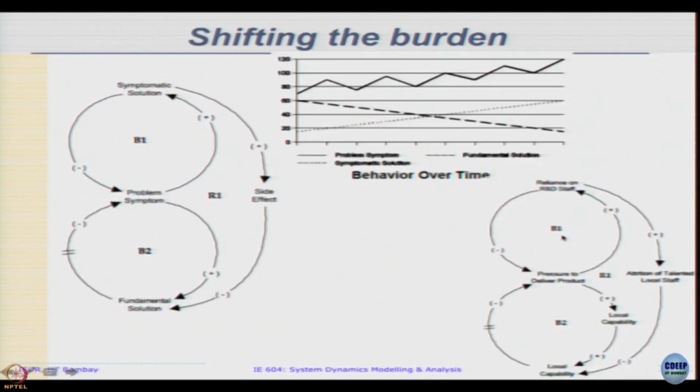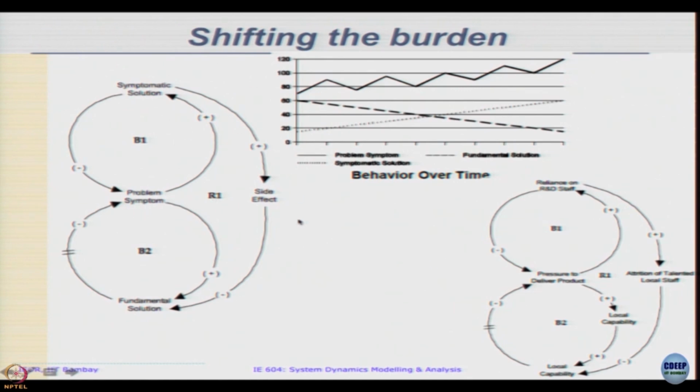Second is the shifting the burden archetype. This left side here shows the generic structure. So, we have a problem symptom, then there is some symptomatic solution. Once we give it, the problem symptom disappears. Based on the symptom, we treat the problem and the problem disappears very fast.